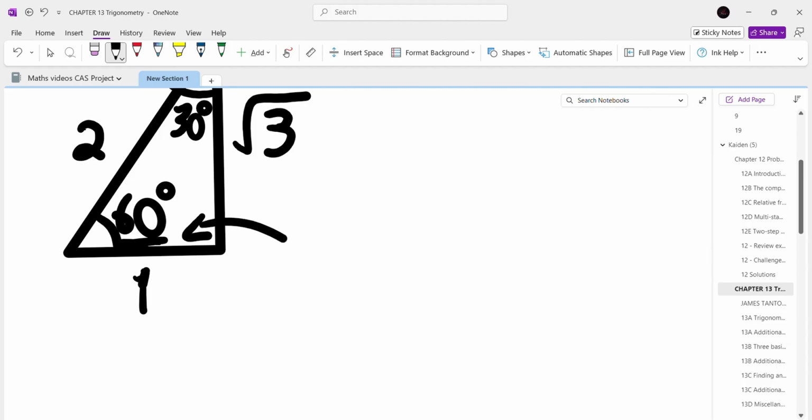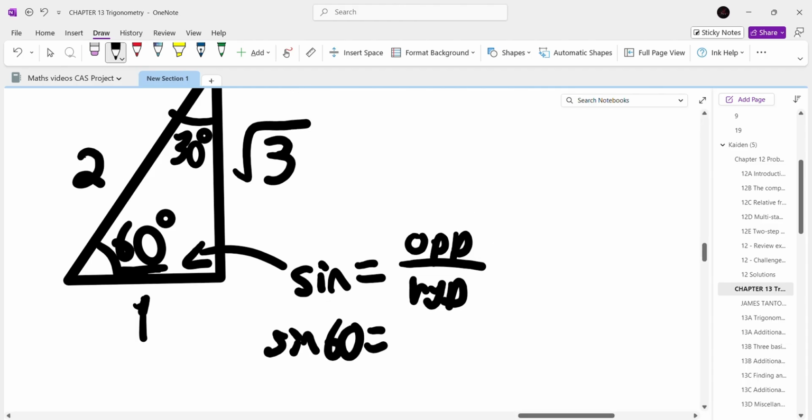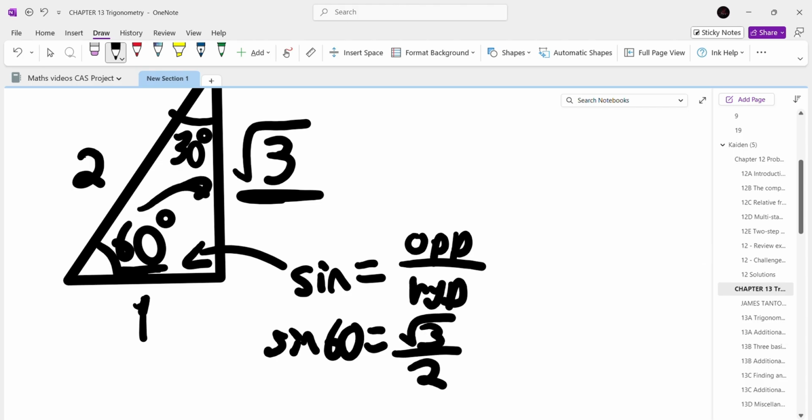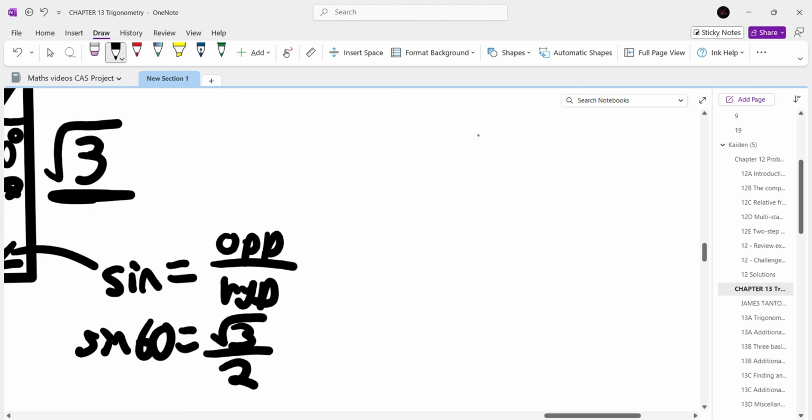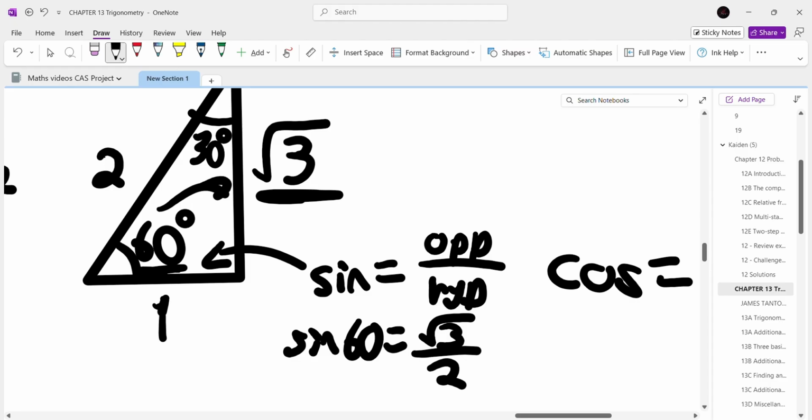So our sine equals opposite over hypotenuse. So the sine of 60 equals root 3, because this is opposite, over 2. So root 3 over 2. Then we'll have cosine, which is adjacent over hypotenuse, which is 1 over 2.